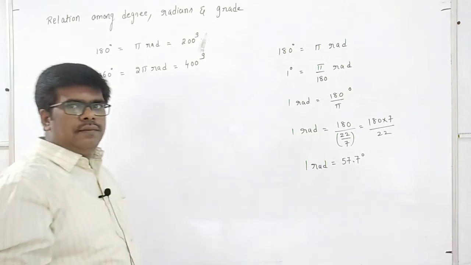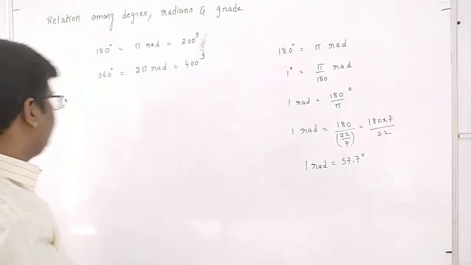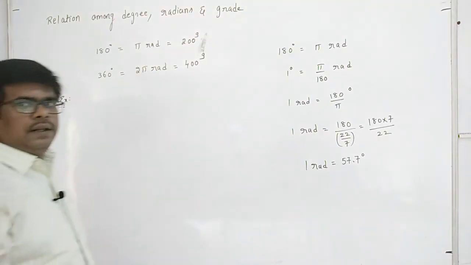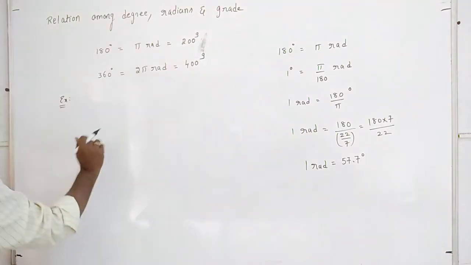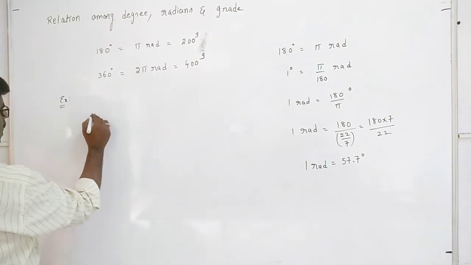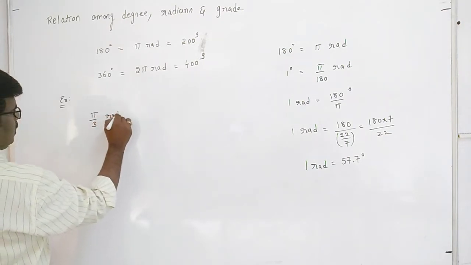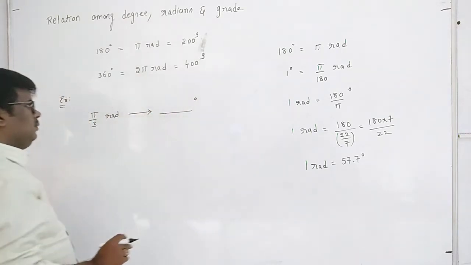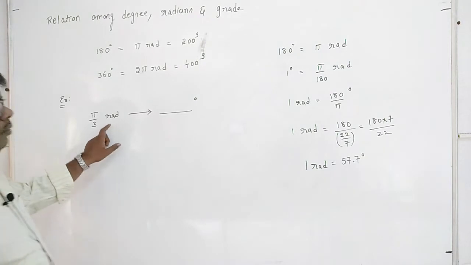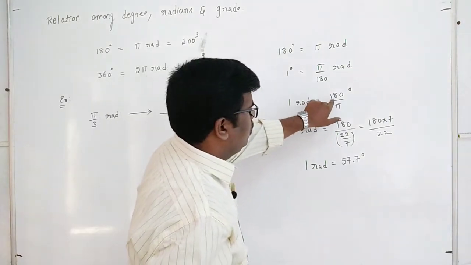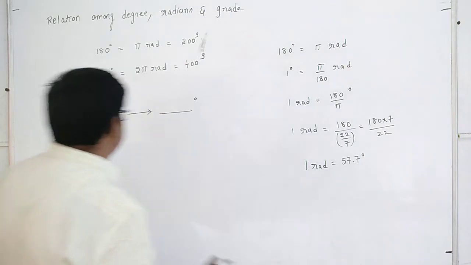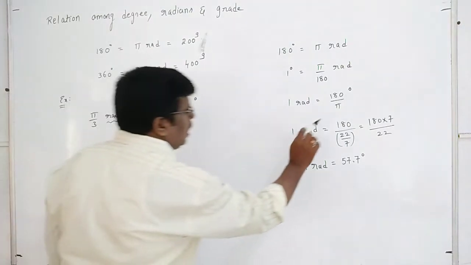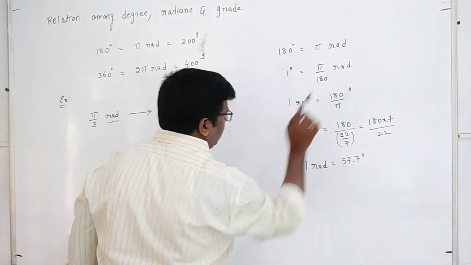Now I am going to take an example. So pi by 3 radians is there. I want it in degrees. So 1 radian is 180 degrees by pi.